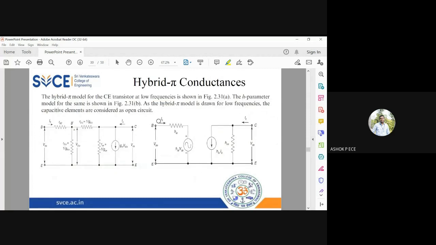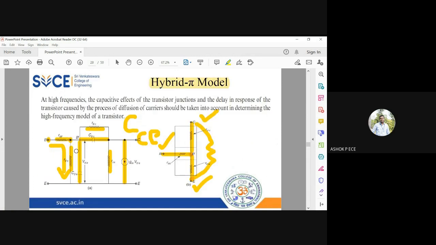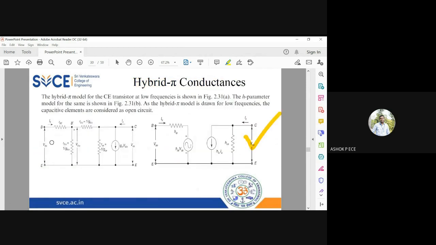We have drawn both the hybrid pi model at low frequency and the H parameter model. In the hybrid pi model at low frequency, all the capacitances have to be removed: this capacitance CB'C, this capacitance CB'E, everything will be removed. So you have RBB', RB'E, RB'C, RCE, and the current source.